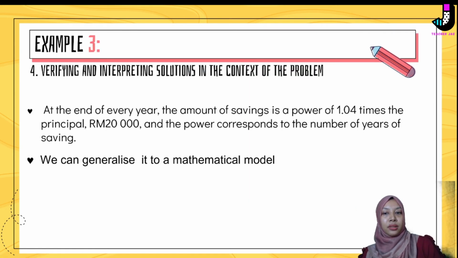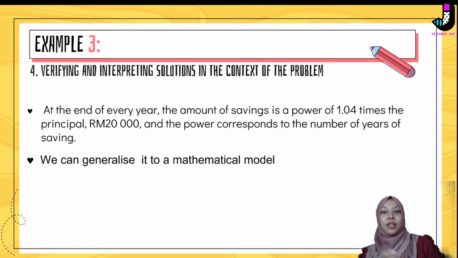Alright, then we can generalize it to a mathematical model. Okay, when we see the pattern, as in the previous example, we can see that, oh, it looks like a quadratic function, so that's why we're going to use the general quadratic function to create the mathematical model for that situation.